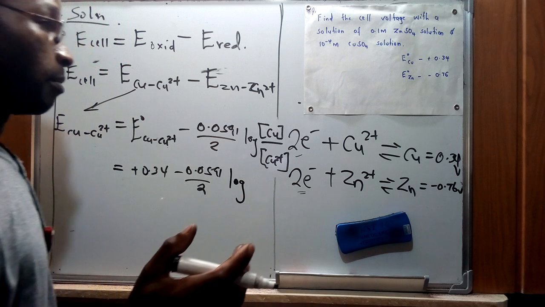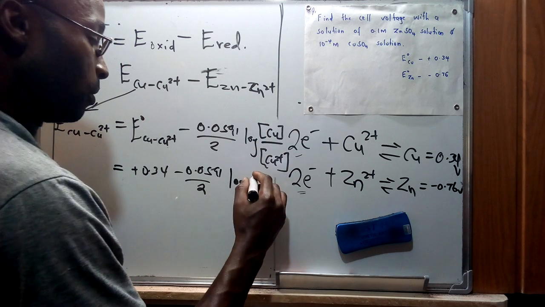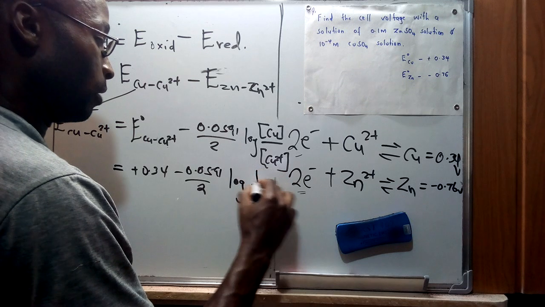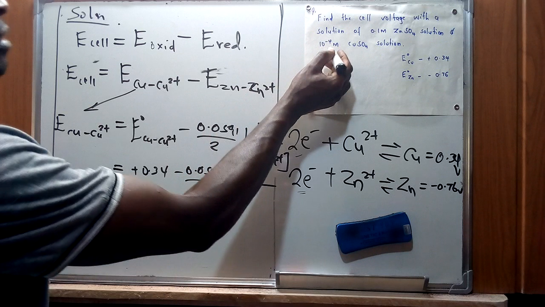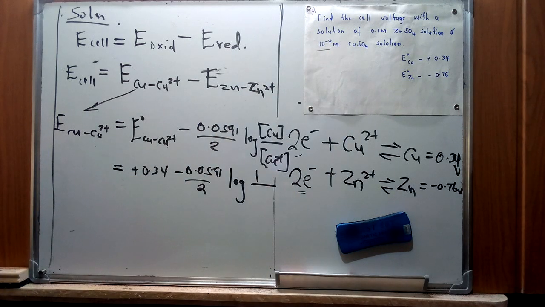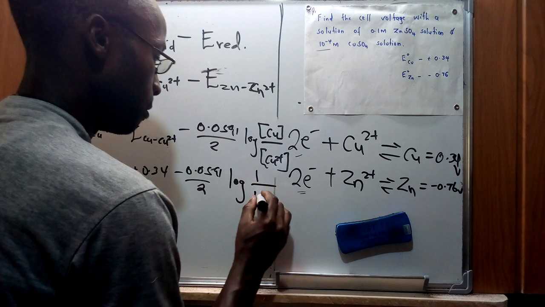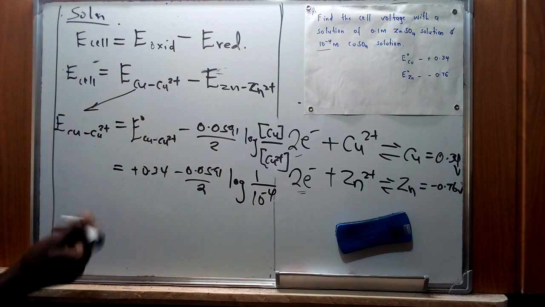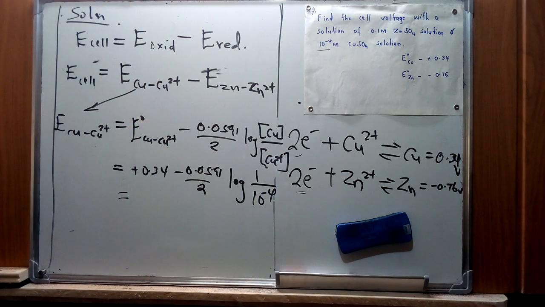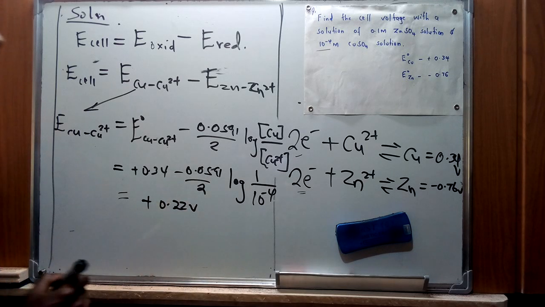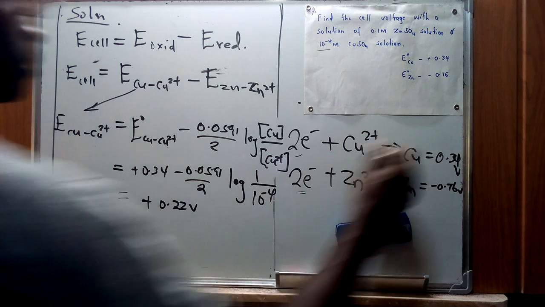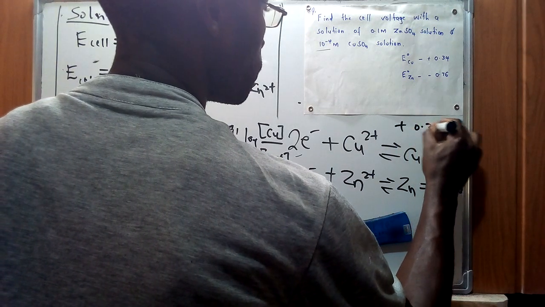Therefore, the statement that I mentioned about solids and other pure substances, I'm going to give as a unity activity, which is 1, over the concentration of the copper solution, which is given as 10 negative 4. So therefore, this is going to give us the E cell for copper, which is plus 0.22 volts. We're just going to reserve it somewhere because of space. So this is plus 0.22 volts.